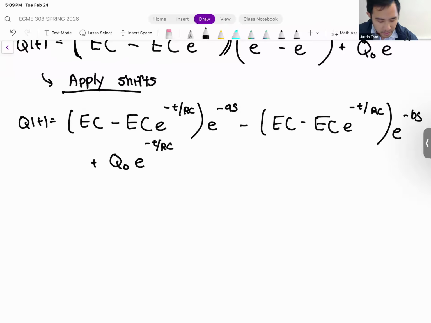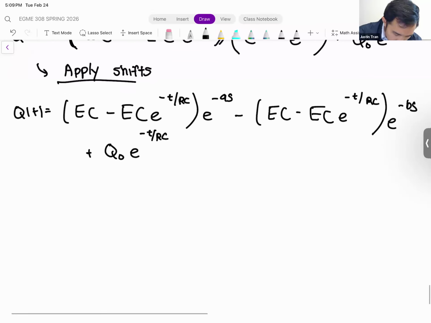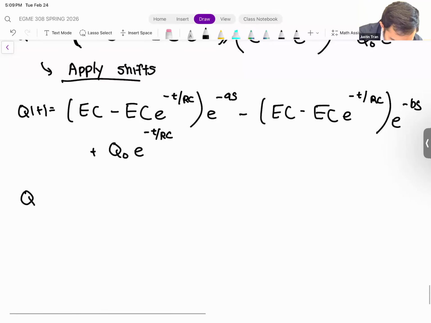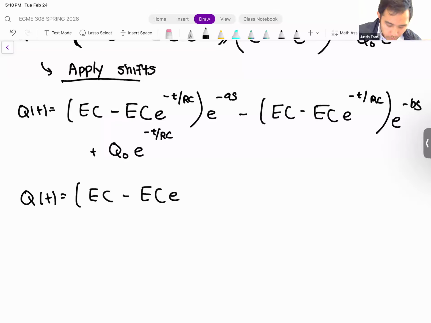Okay, all right, so last step here is that we can go ahead and apply our shifts. And so we finally have Q of T is equal to EC minus EC. So the only term with the T here is the exponential.